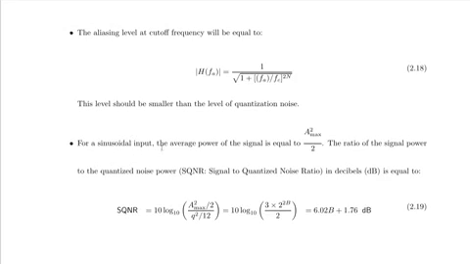For a sinusoidal input, the average power of the signal is equal to half of A_max squared.